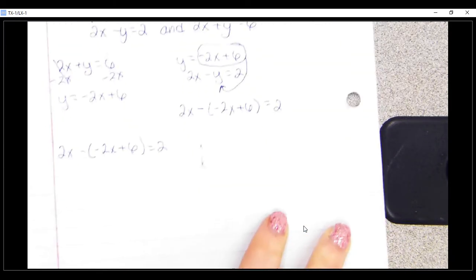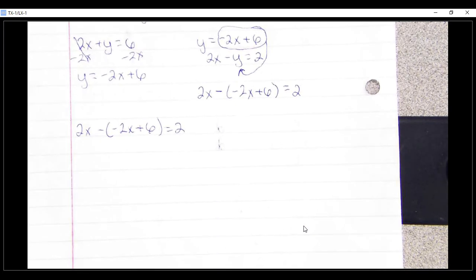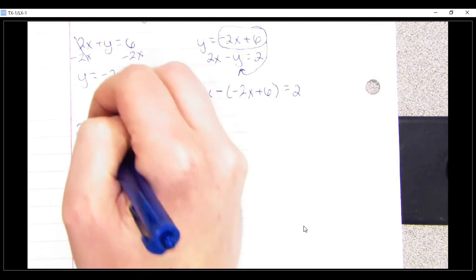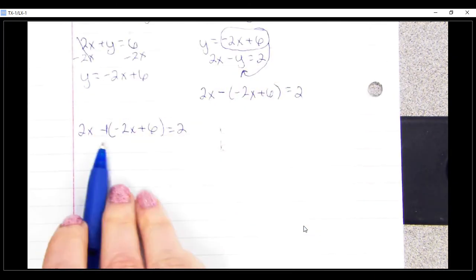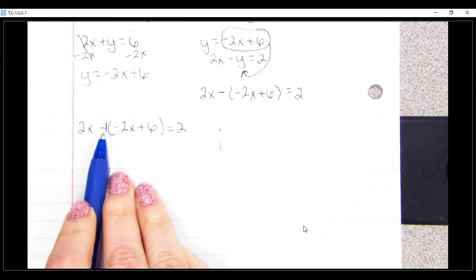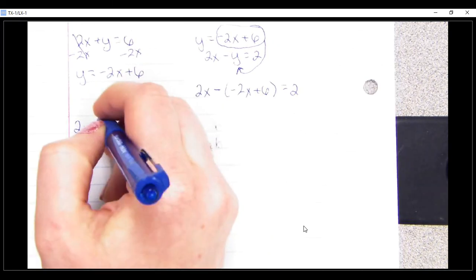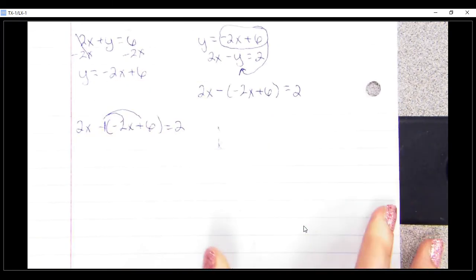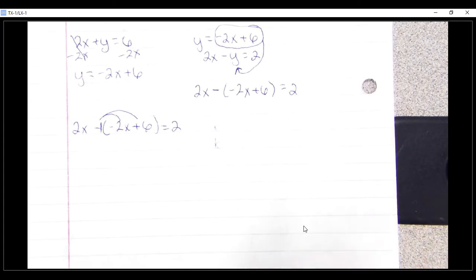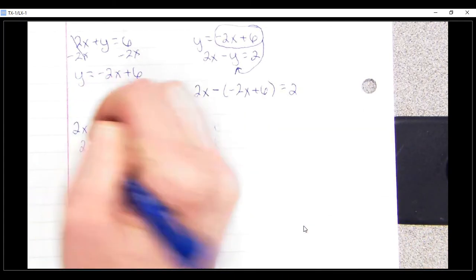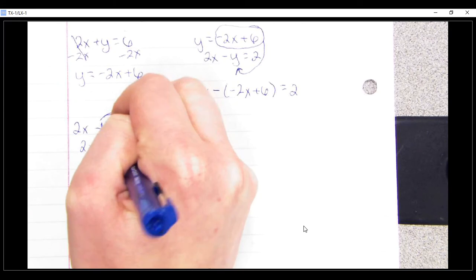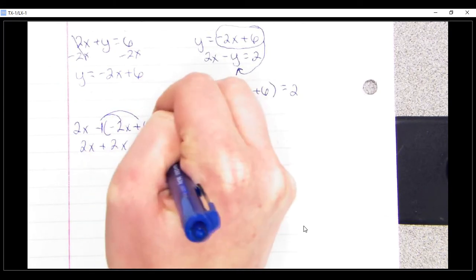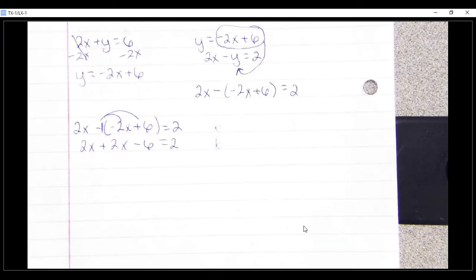And here we go. Step 3. If needed, distributive property. And we know how to do distributive property. We are going to take the number in front of the parentheses, and in this case, it's negative 1. And I'm going to multiply it by everything inside the parentheses. So I'm going to have 2x plus 2x minus 6 is equal to 2.